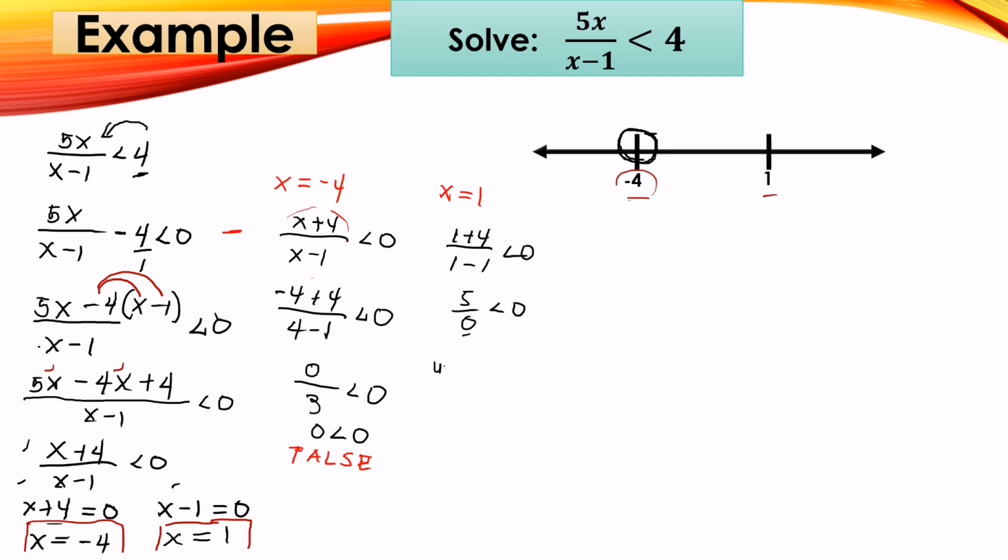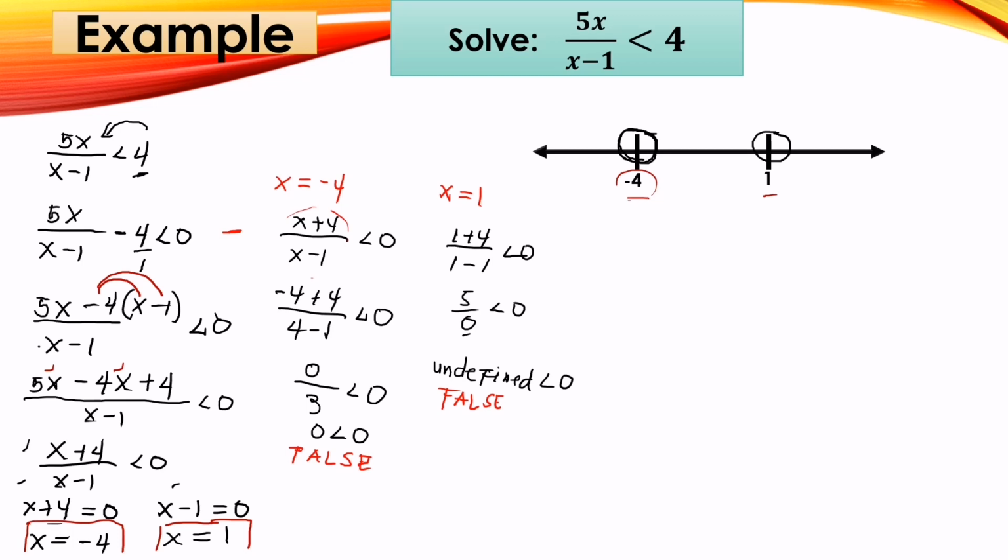It means this is undefined is less than 0. It means we cannot define what is the exact value. So meaning this is also false. Sabihin si positive 1 is also an open circle. Ibig sabihin, ang positive 1 ay hindi kasama.